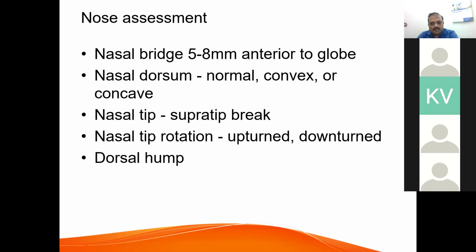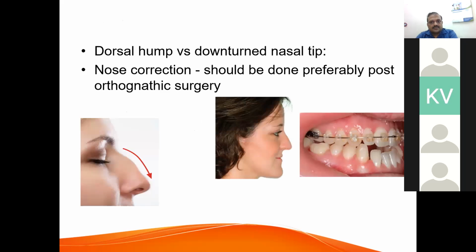The dorsal hump and the downturned nasal tip have to be differentiated. The dorsal hump is an isolated hump in the nose, whereas the downturned nasal tip is usually seen when the patient has a vertical class 3 malocclusion and a prognathic mandible. When you correct the skeletal deformity, the nasal tip automatically gets corrected.